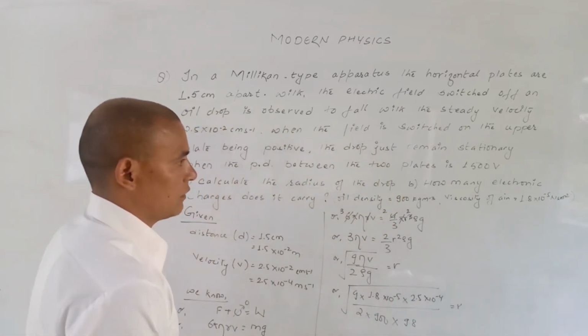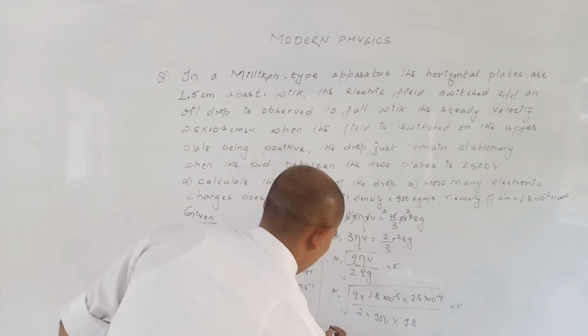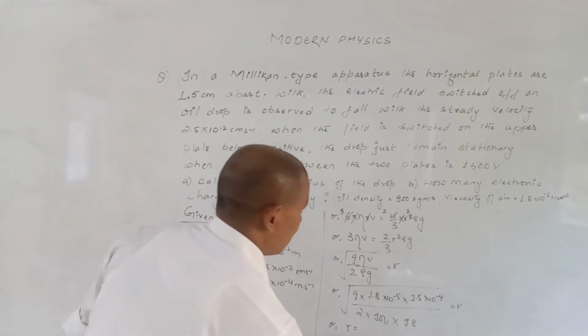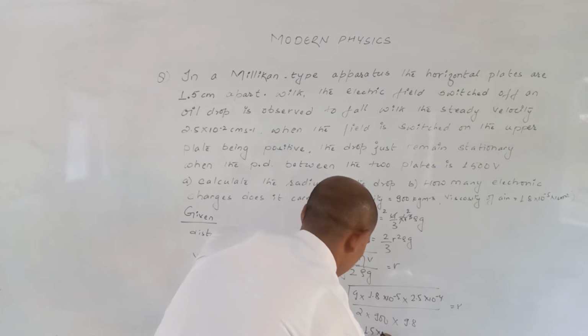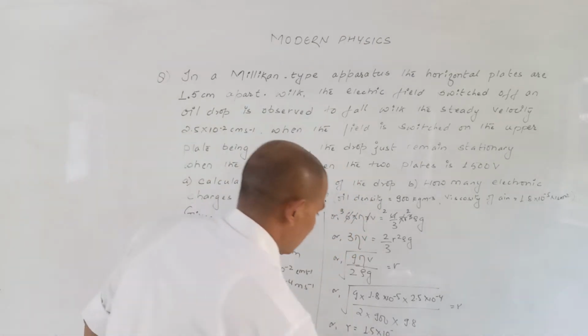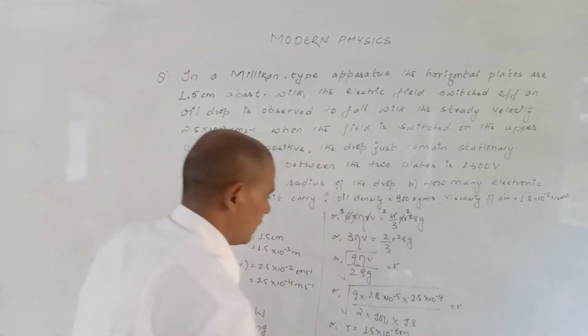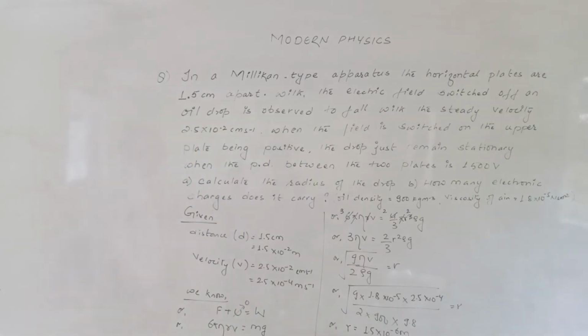If we solve this equation, our final answer is that the radius will be 1.5 into 10 to the power minus 6 meter. So this is the radius of the oil drop.